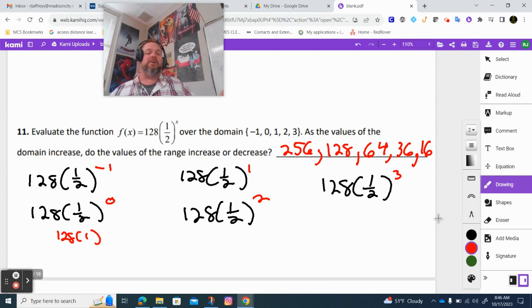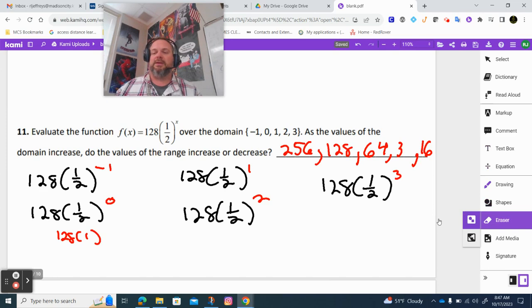Because if we were to multiply 128 by half, we get 64. Remember, multiplying by a fraction is the same thing as dividing. 128 divided by 2 is 64. 64 divided by 2 is 32. Who let me write 36?